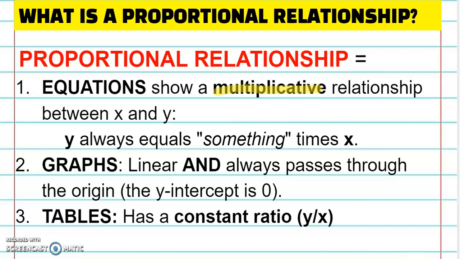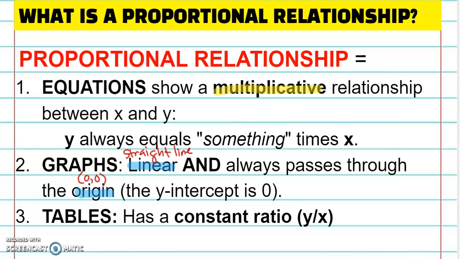When we're talking about graphs, they have to be linear. Linear just means straight line, so if you don't know that word, it's a good place to write that down. It always has to pass through the origin, which is at (0, 0).